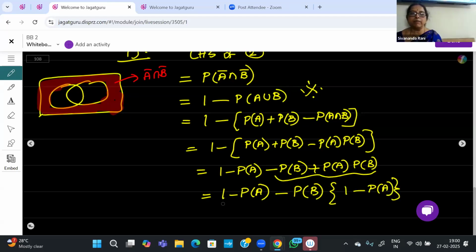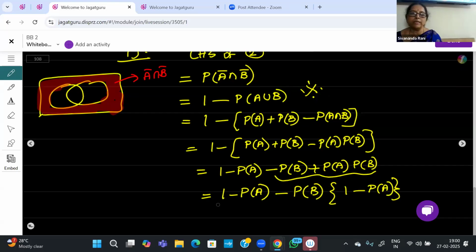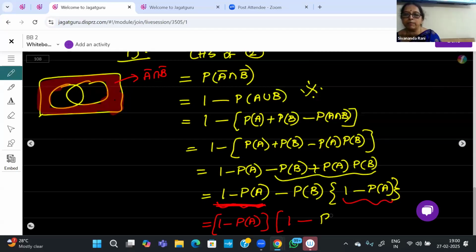So I'm taking them out. But after doing so, I find that 1 minus P of A is common now, right? I can take out 1 minus P of A, this binomial term. So in the first term, I'm left with 1. And in the second term, I'm left with P of B.